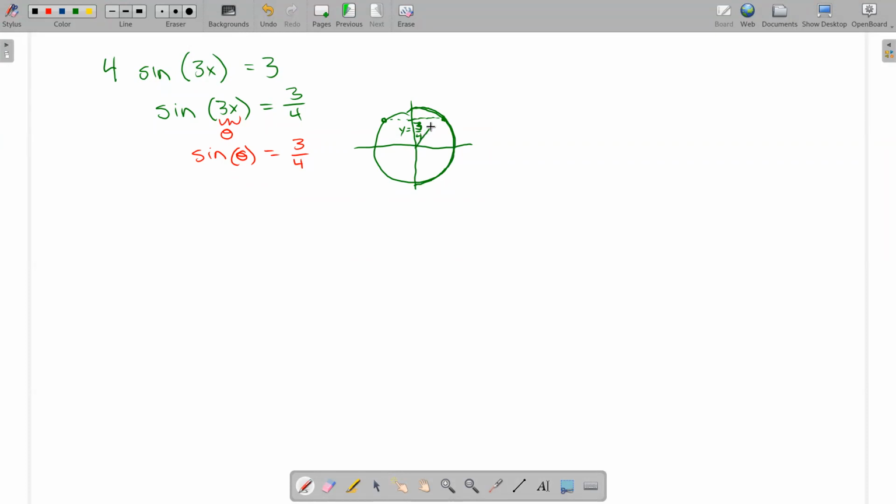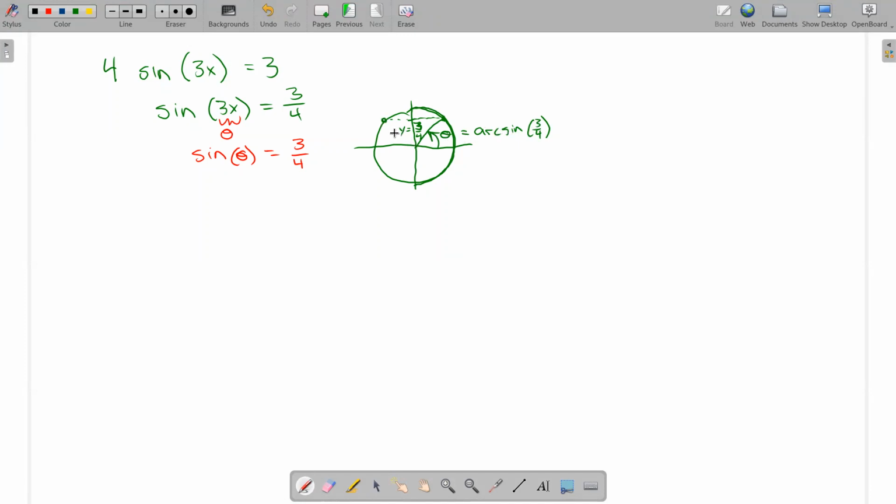So the sine inverse is going to throw this angle right there at me: theta equals the arc sine of 3/4. So that's some number. It's going to be less than pi over 2 for sure, and it's also less than pi over 3. So that's one of the solutions.